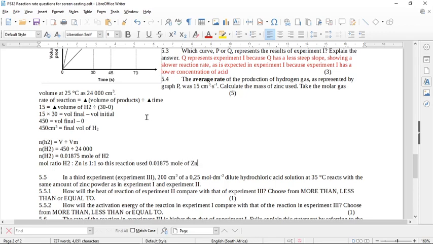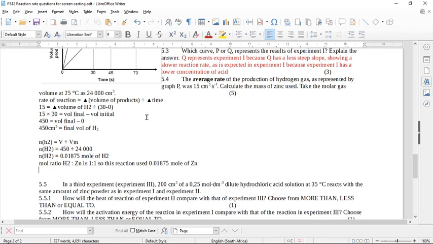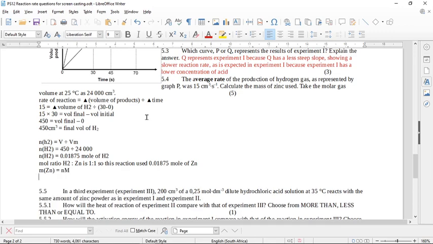The moment we found the moles of zinc, we can find the mass of zinc, because you remember n equals m over M. So now the mass of zinc is going to be equal to, write the formula, the number of moles times the molecular mass. Where are we going to find the molecular mass? On the periodic table. So the number of moles, 0,01875 times, what's zinc on the periodic table?